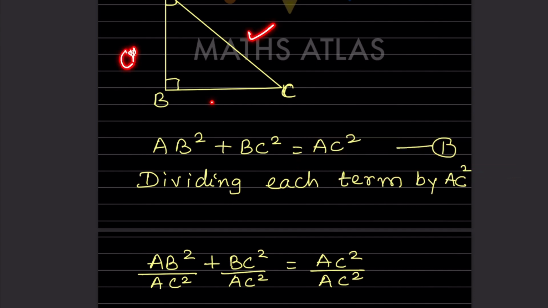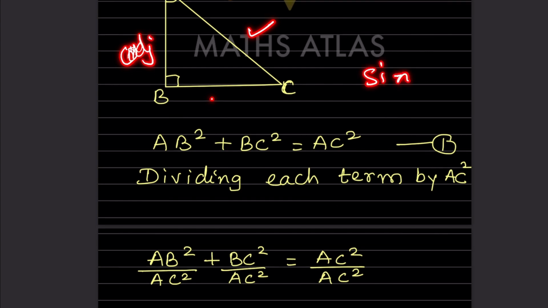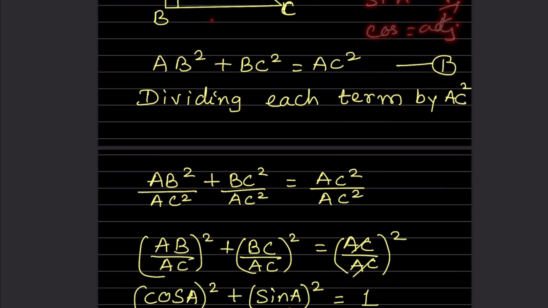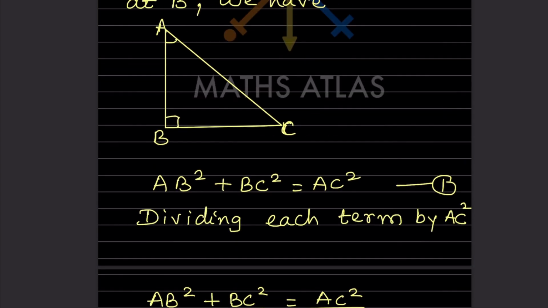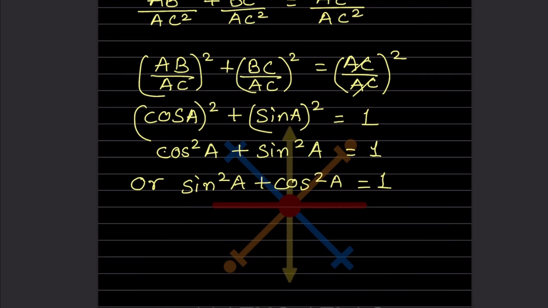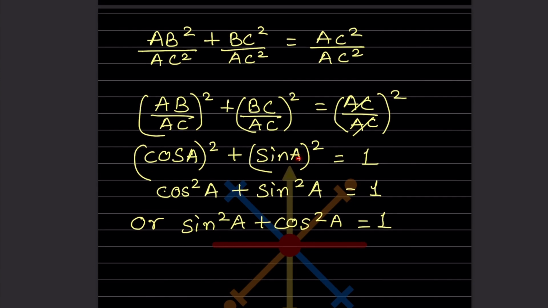Sine is opposite by hypotenuse. Cos is adjacent by hypotenuse. So for that we can write cos A square. For BC by AC, BC is opposite and this is the hypotenuse, so we can write sine A, and this gets cancelled.